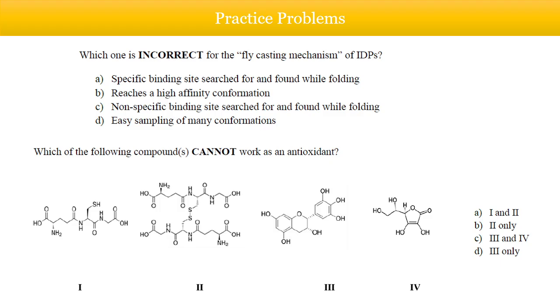Unlike rigid proteins, they bind non-specifically at first and then fold into a final high affinity conformation. The non-specific binding reduces the search space for the final specific binding, which is a characteristic of this mechanism. Therefore, option A, that specific binding sites are searched for and found while folding, is the incorrect one.